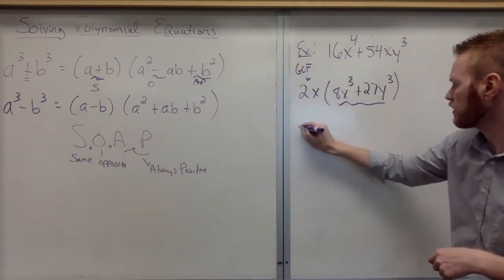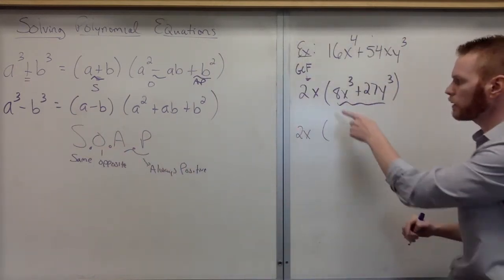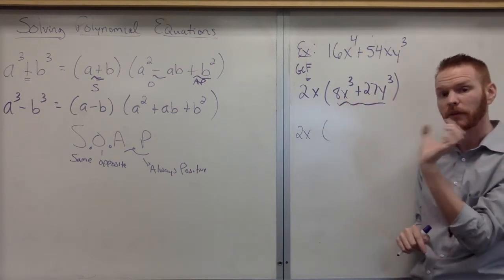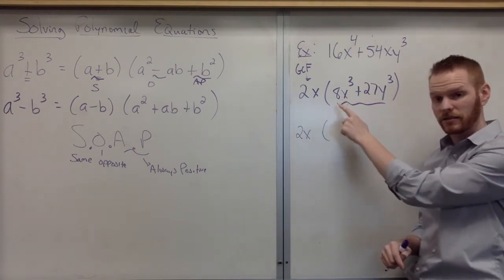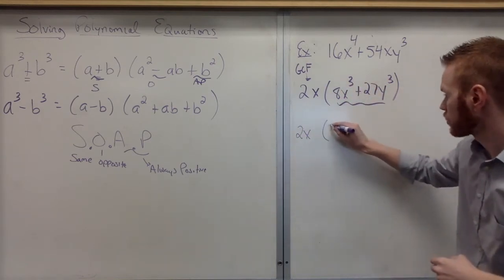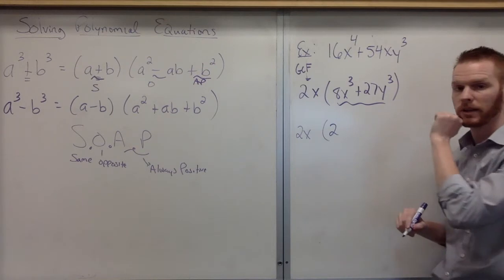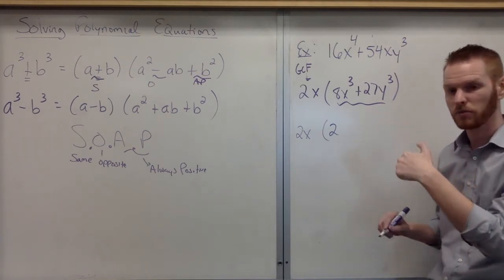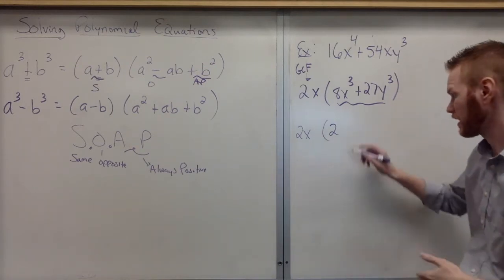Well, let's think of this. What do I multiply by itself 3 times to get 8? 2, right? 2 times 2 times 2. So that's a 2. And then what do I multiply x by to get x cubed? It'd be x again, right? x times x times x.